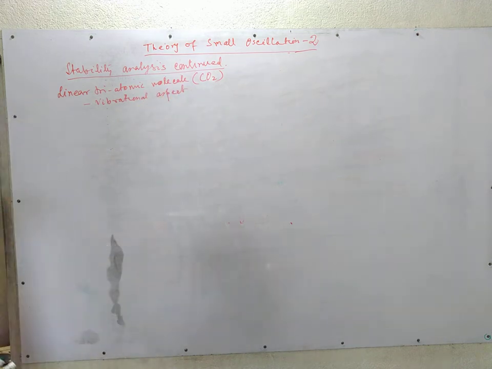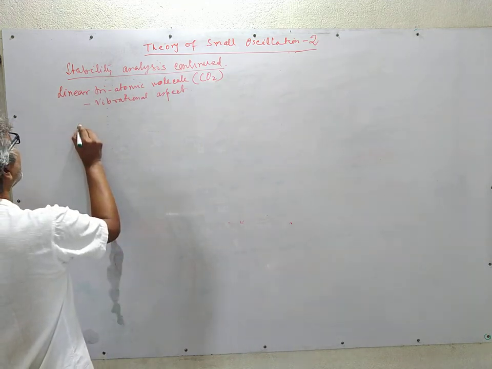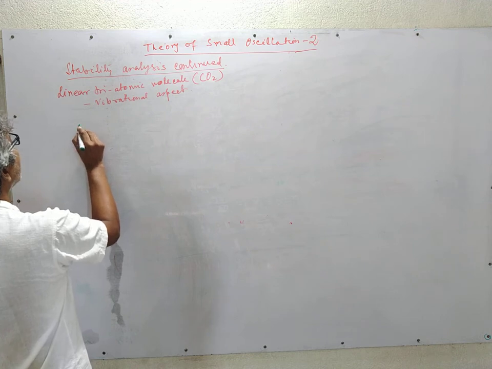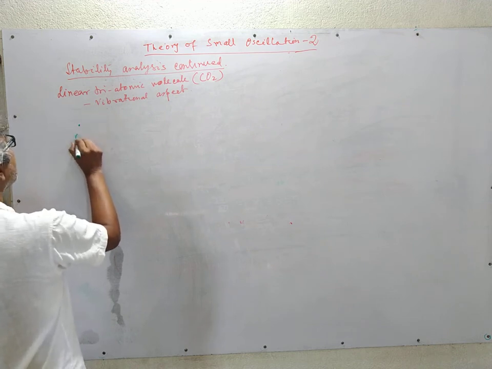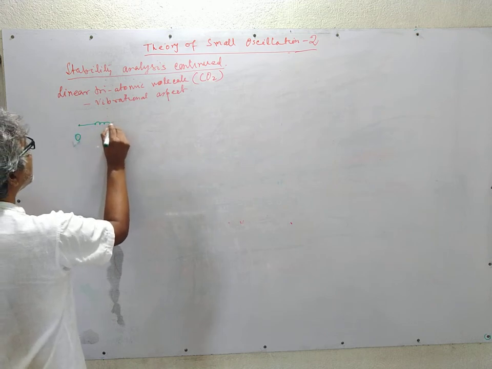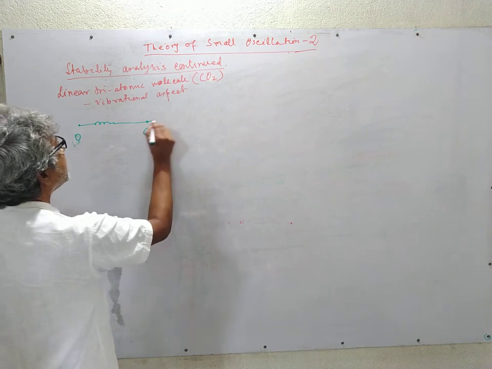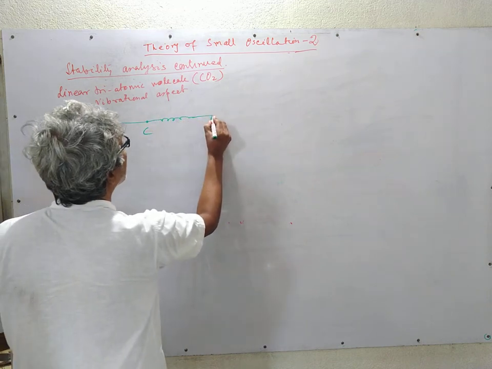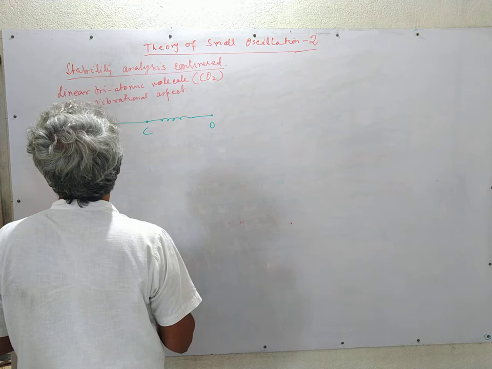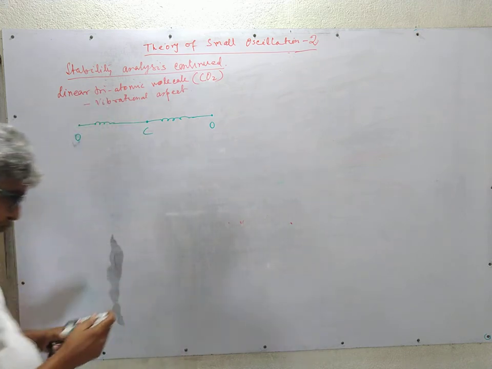We consider the vibrational motion, but the model is like that. We have an oxygen atom like this, and there is a carbon atom, and another oxygen atom. This is the system.